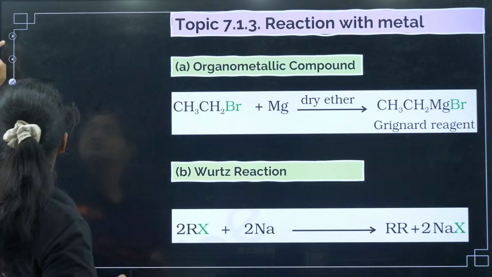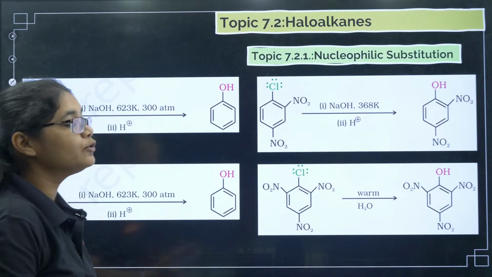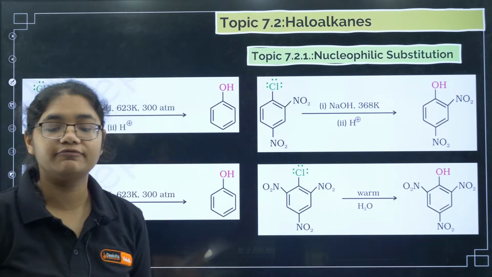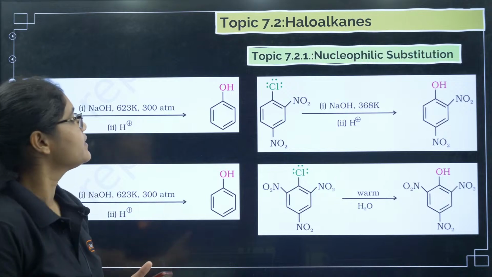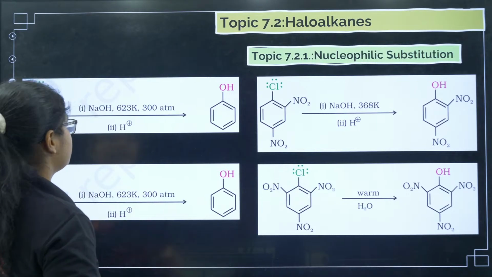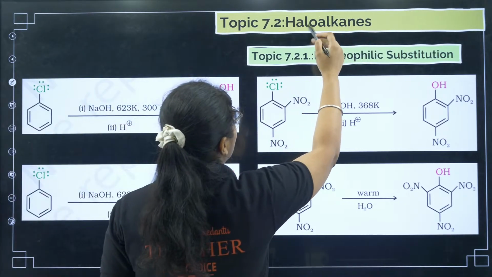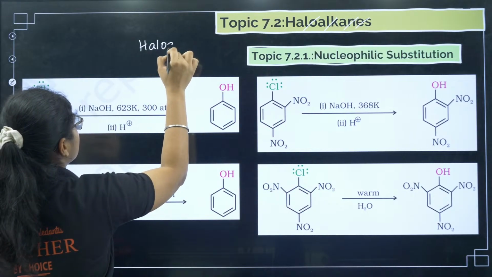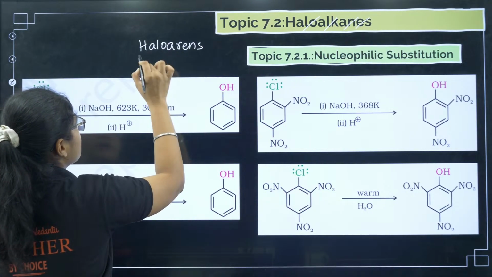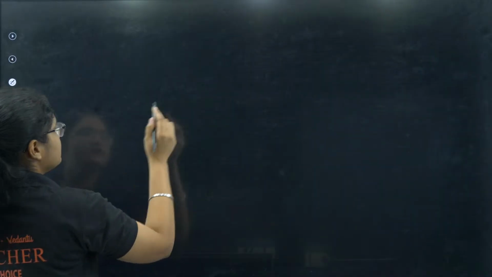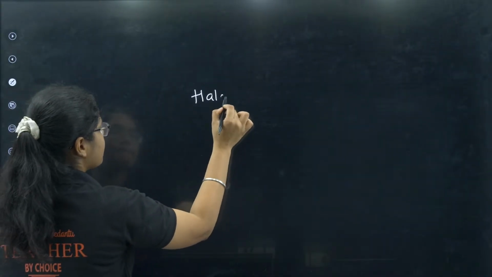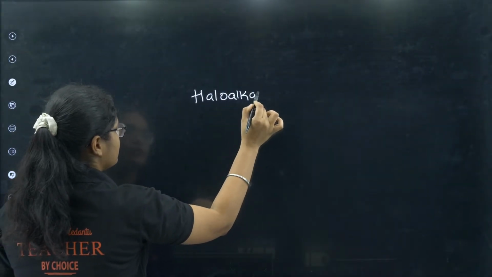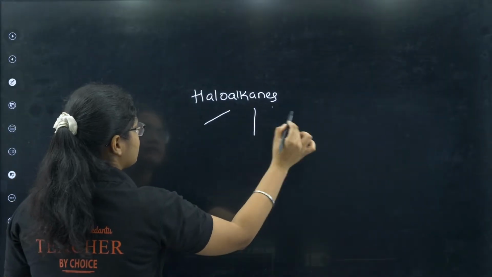Okay, next, coming to the nucleophilic substitution reaction. Sorry, this is for haloarenes, not haloalkanes, haloarenes. Now what we have seen for haloalkanes, what are the reactions that we saw?